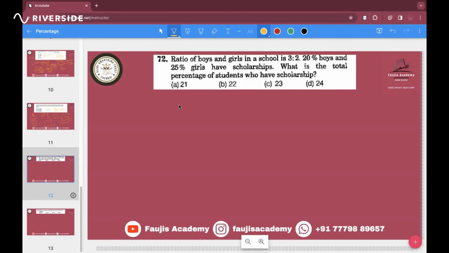Easy. Isn't it easy? Yes, sir. Tell. First, we find the ratio of 3:2. The number of boys is 60 and girls is 40. Boys to girls ratio is 3:2, right?